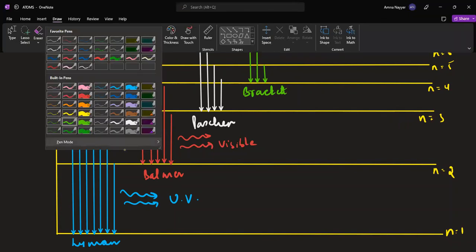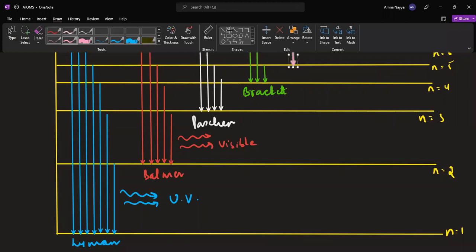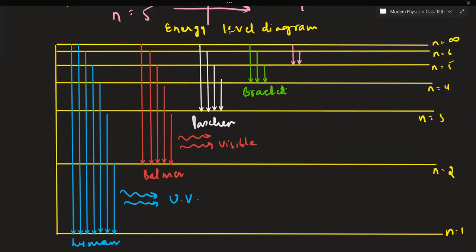And at the end, the last series that you have is the Pfund series: 6th to 5th, or infinity to 5th. This is known as the Pfund series. And all of these three emit radiations in the infrared spectrum.